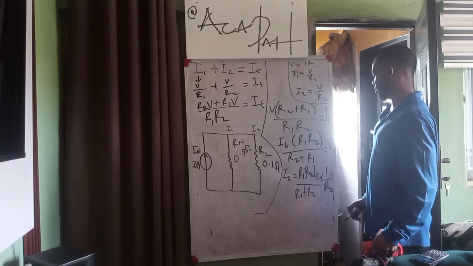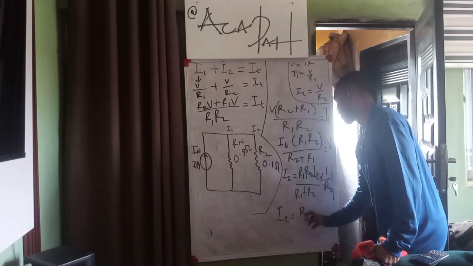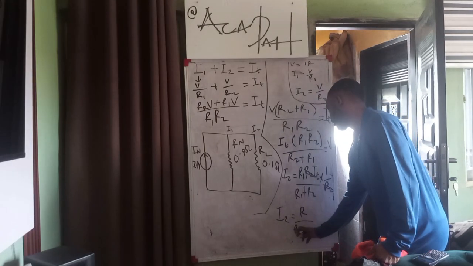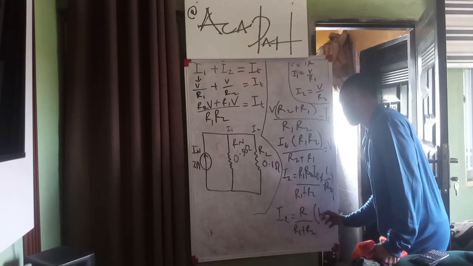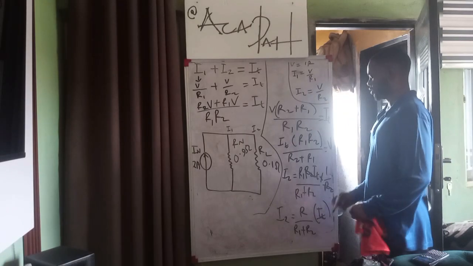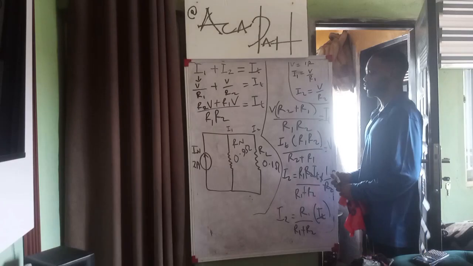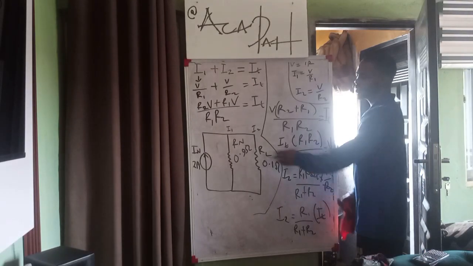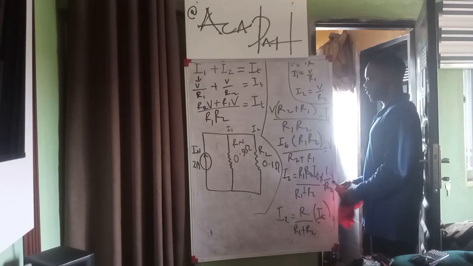This will take care of this, so that I'm having I2 equals R over R1 plus R2, then times IT. Remember that what is up here is R1. Whichever way you bring it here, if you call this one first R and this one second R, it will just reflect on this one.